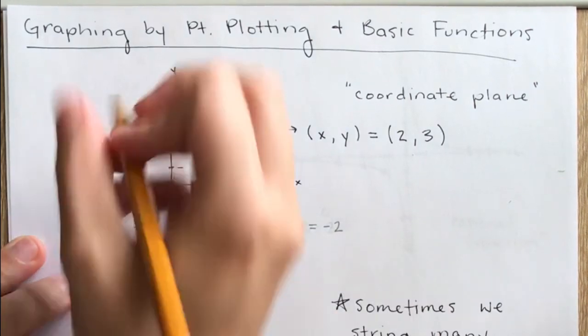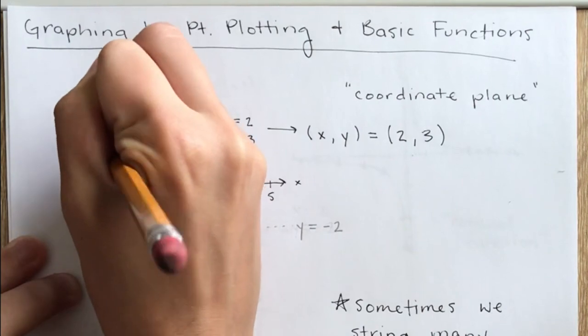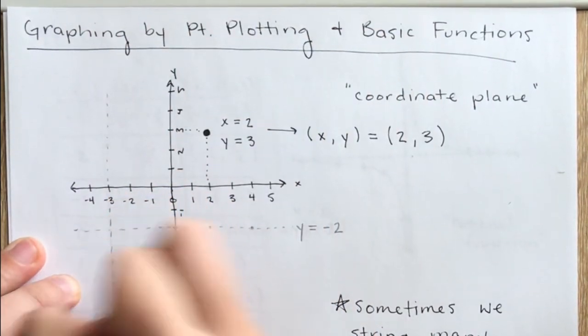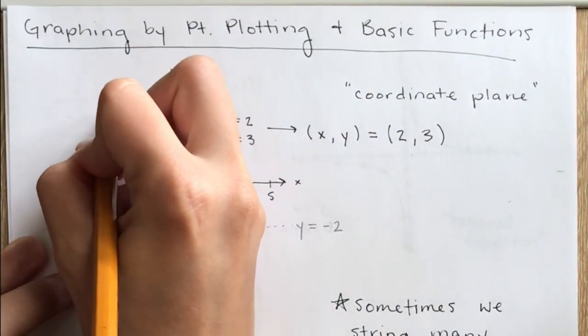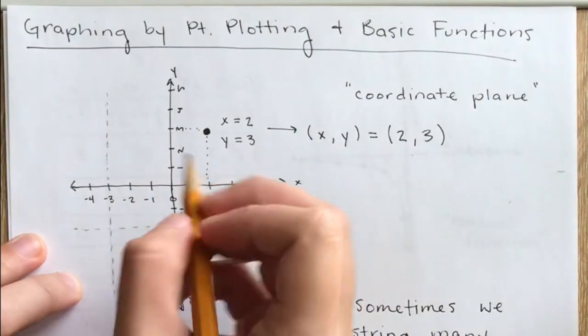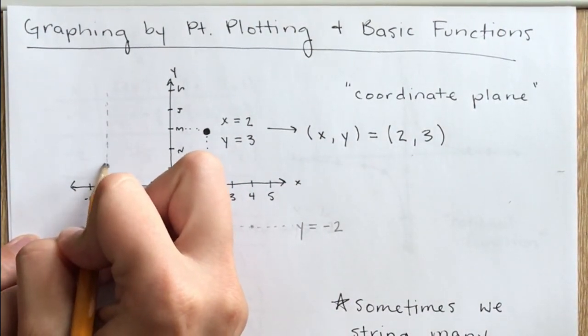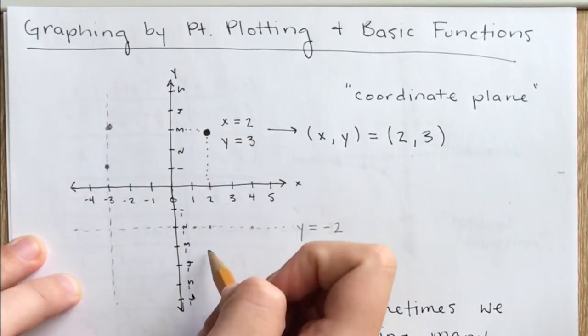We could do the same thing with x. Let's look at this line here. Every point on this line has what in common? Well, let's look at a couple of points. This point is (-3, 1). This point is (-3, 3).